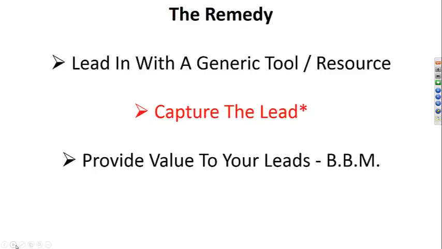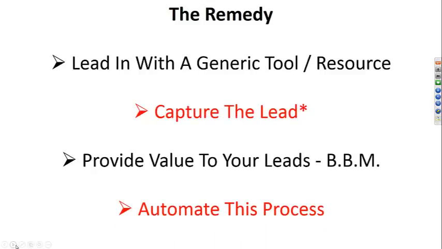So here's the remedy. Lead in with a generic tool or resource, capture the lead, provide value, make sure that you have an automated process that does that, so that anyone that gets the same tool or resource from you immediately has an automated system that works for them. And now they can start getting leads into that system as well, and the system starts providing value. And some of their folks will wind up getting the system.